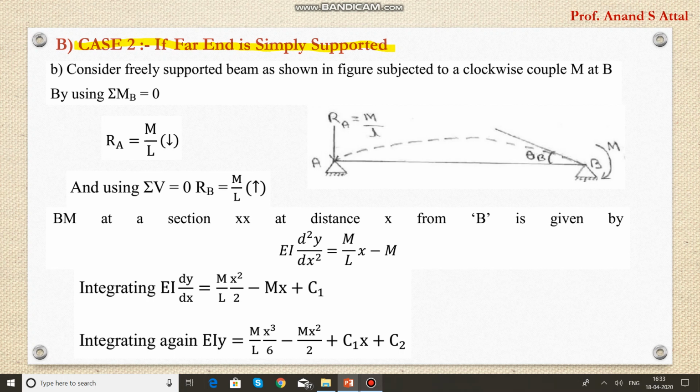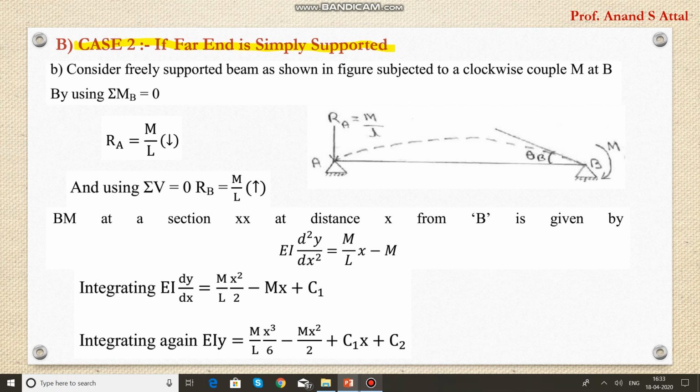As this is a determinate beam, we take the summation of moments at B equal to 0. We get RA = M/L, and applying summation Fy = 0, we get RB = M/L upward. RA we get downward, RB we get upward.